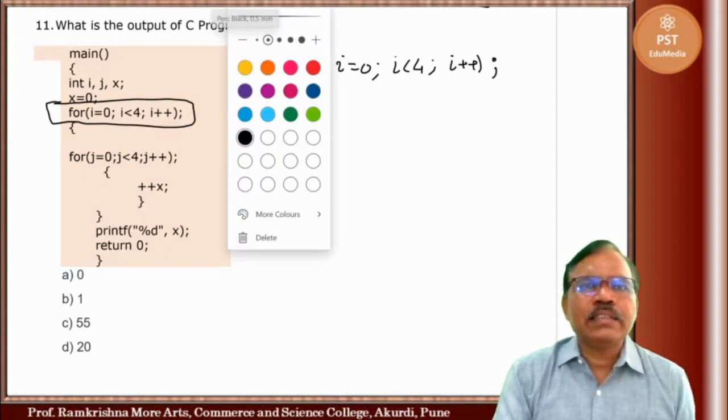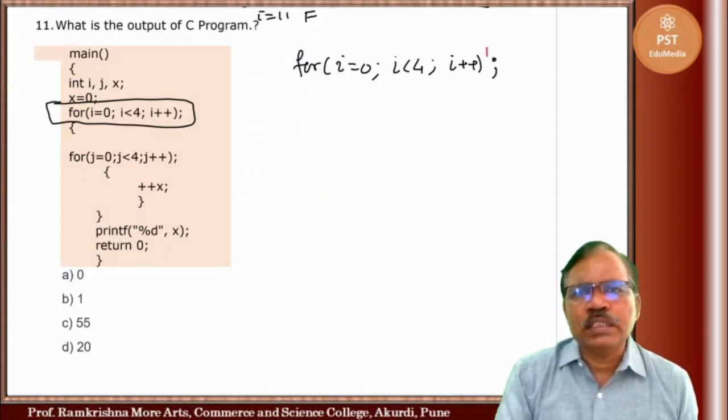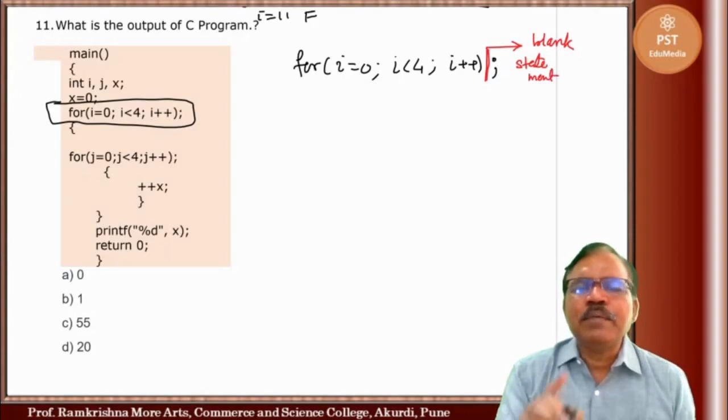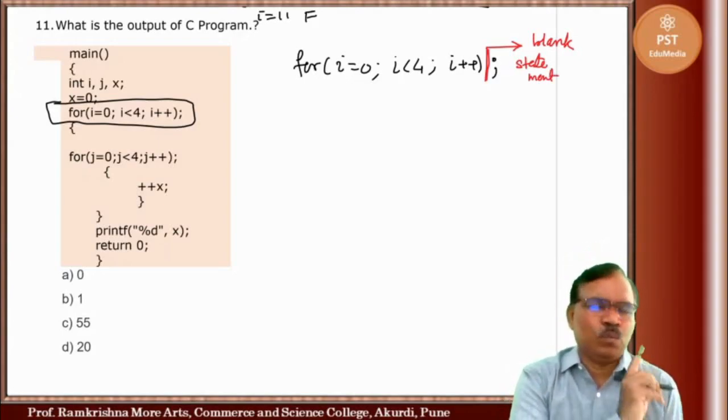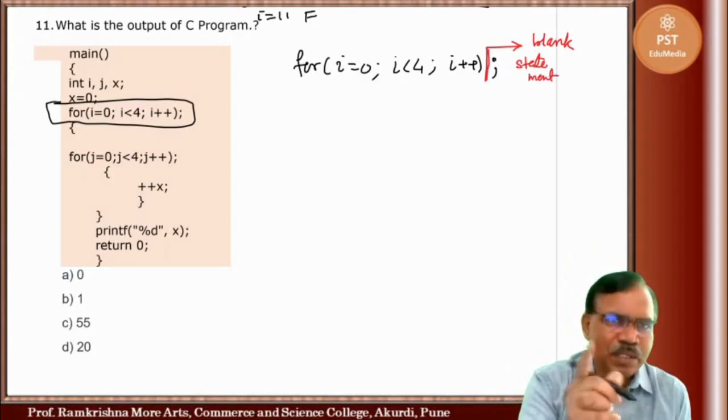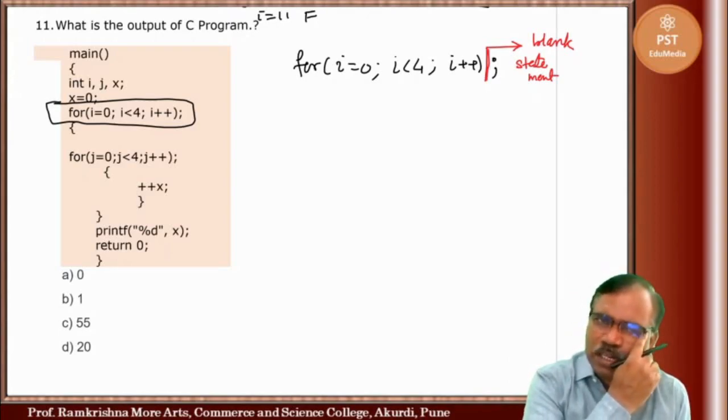Now here is a semicolon after the for loop. So see here, a semicolon here. This is considered a blank statement. That means it is considered as the loop body if there is a semicolon after the bracket of the for.